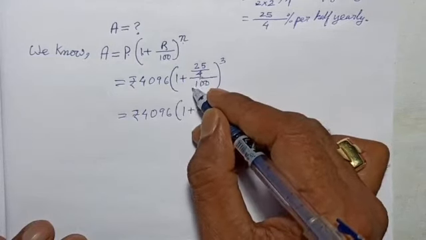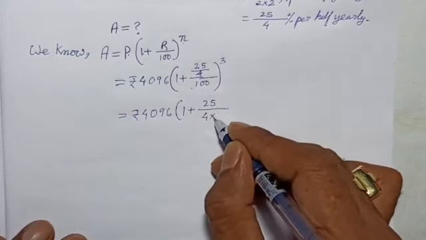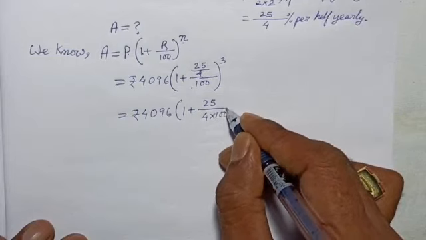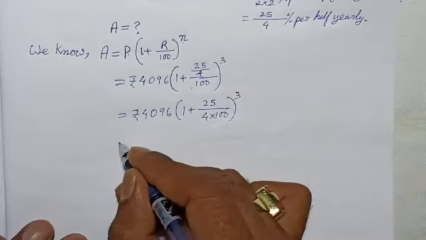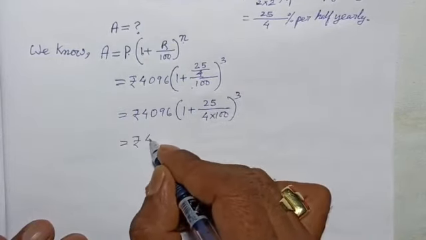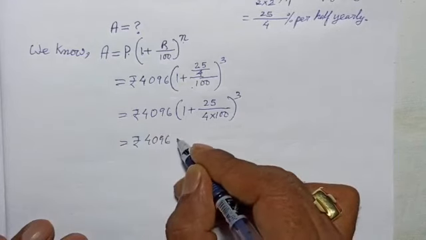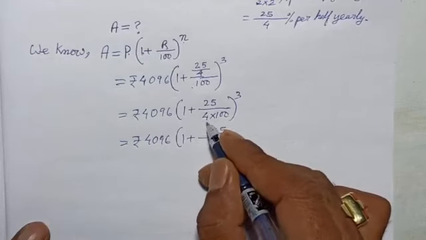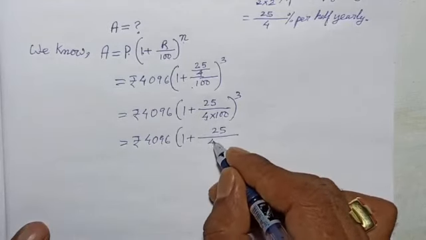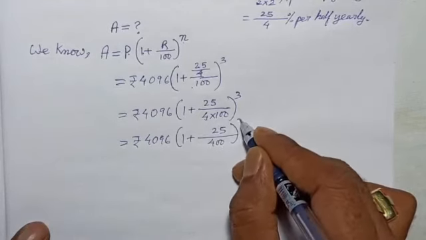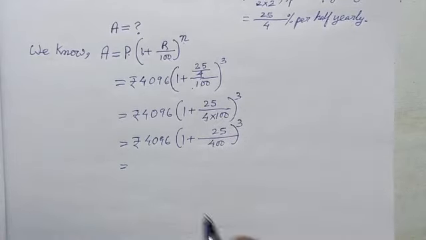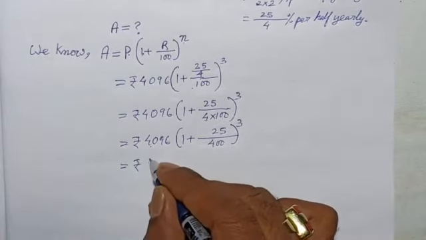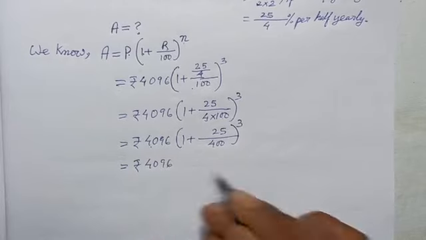This 4 will come down in the denominator, then the number will be like this, whole to the power 3. Rupees 4096 into 1 plus 25 by, if 4 and 100 are multiplied, then we will get 400, whole to the power 3. Then rupees 4096.